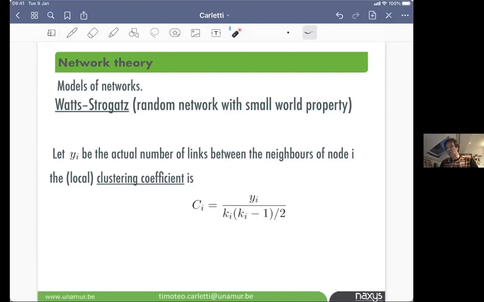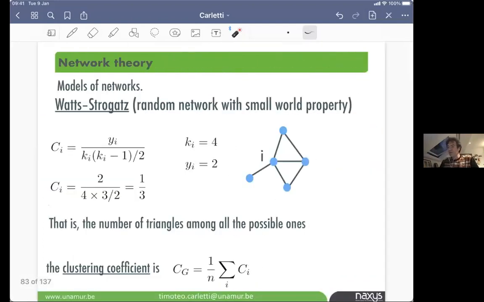This can be measured using the clustering coefficient, which compares the total possible number of triangles with the actual number of triangles that exist in my neighborhood. So C_i measures how many of my friends are really friends among themselves, among all the possible friendships that can exist.